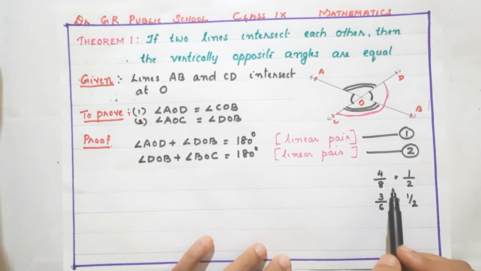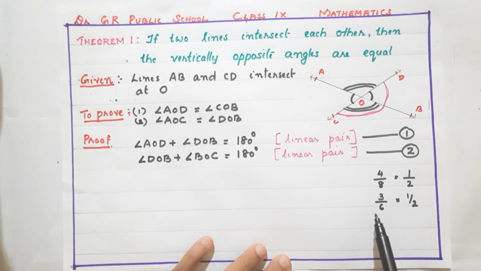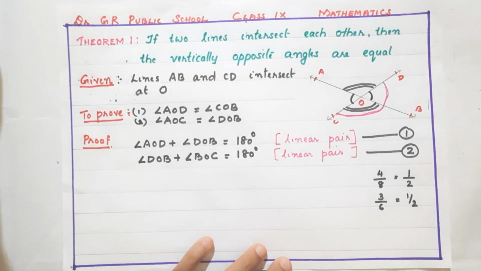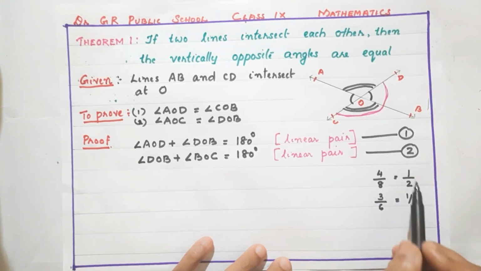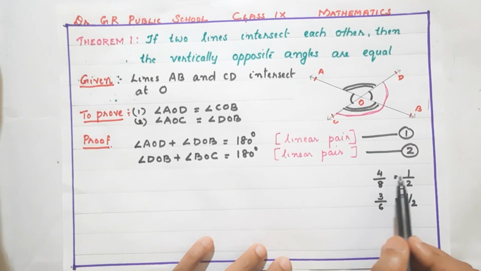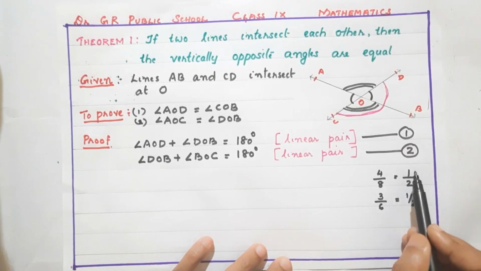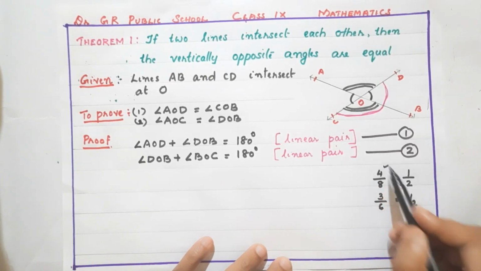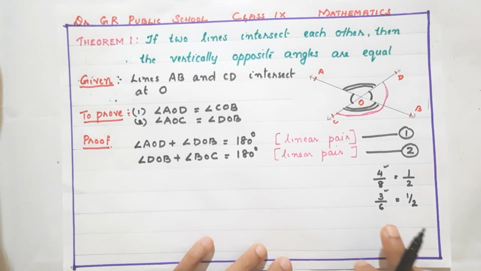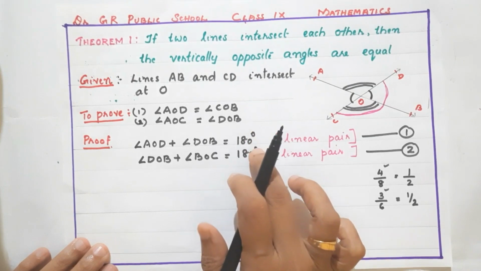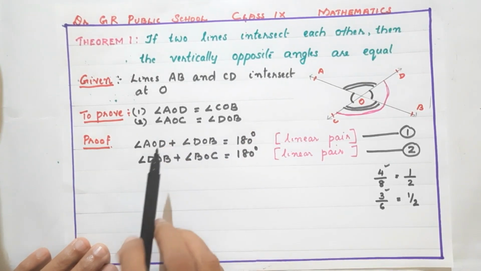When you studied the chapter on fractions in lower classes, you studied equivalent fractions. If the simplest forms of fractions are the same, then we can say the fractions are equivalent. Why? Because both are equal to 1 by 2. So we can say these two are equivalent. Same way, here also we can say if the RHS are equal, the LHS are also equal.